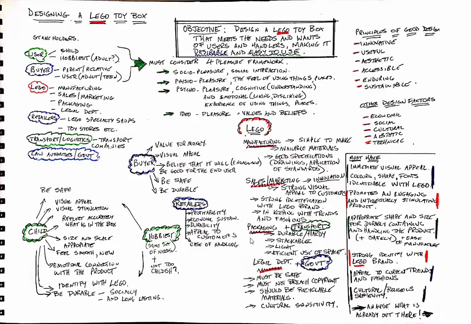These are really good headings for you to break down a little bit further, because where you're going with this analysis, what we're hoping for is in week 6 that we can write some design criteria, and design criteria will basically be a list of things that whatever you design must be. So this Lego toy box must have immediate visual appeal.